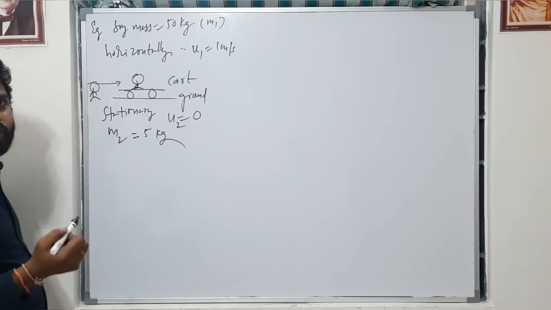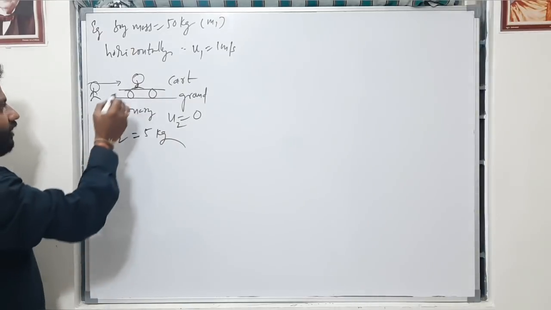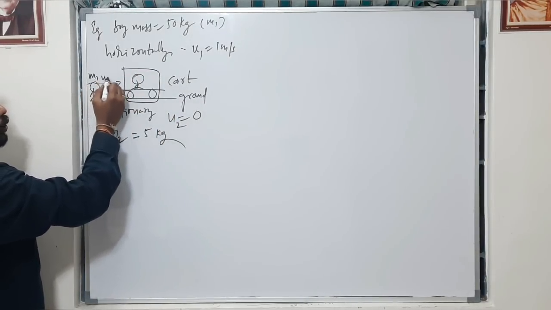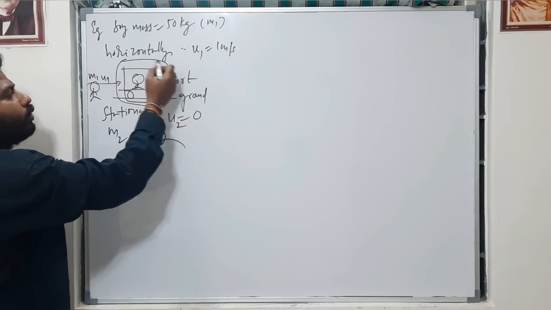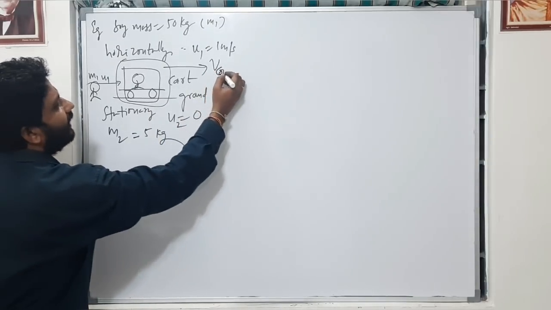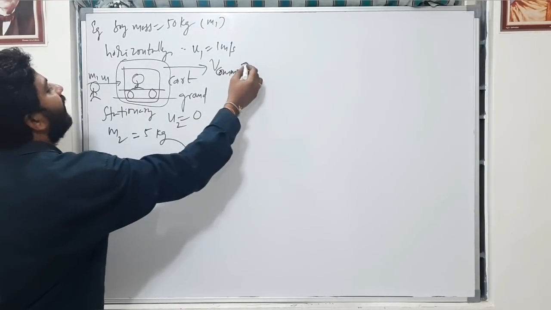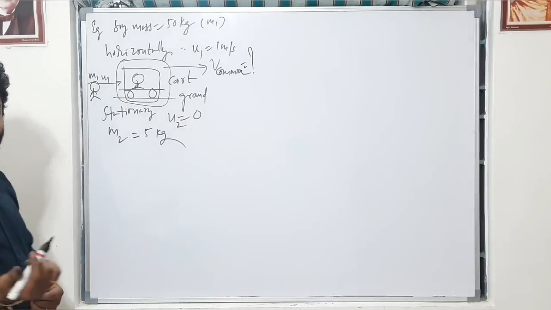So here we need to concentrate before jumping and after jumping, right? Before jumping, it is only m1, u1. After jumping, both the bodies will move with a common velocity. The question is, find this common velocity. I hope you understand it, right?